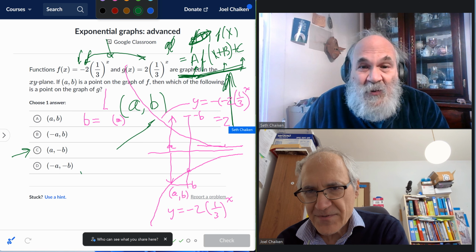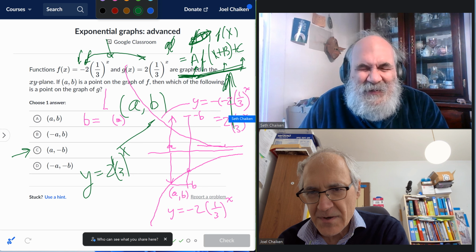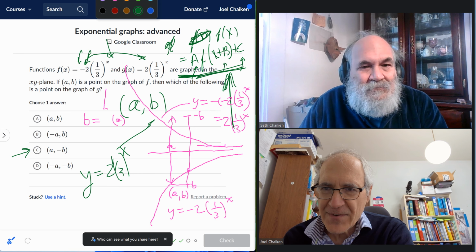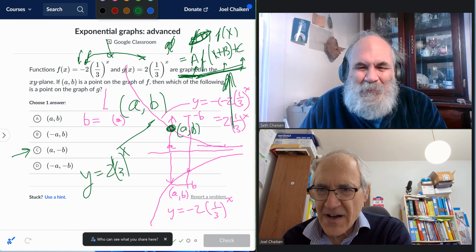Or this graph is equal to y equals -2 times a third to the x power. And then you can see, if AB is a point here on the graph of f, then which of the following is a point on the graph of G?